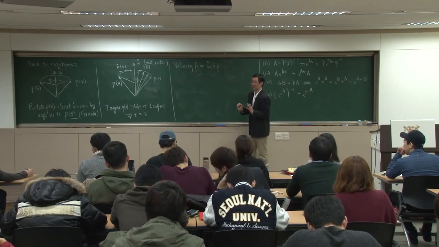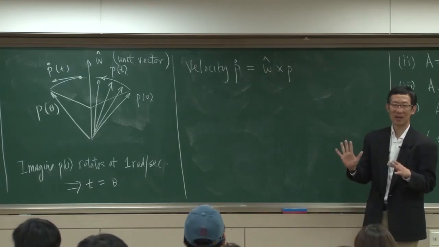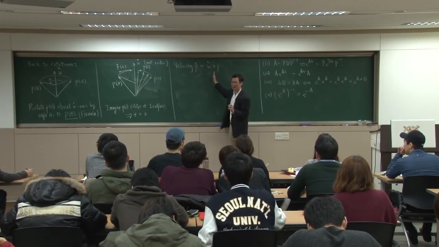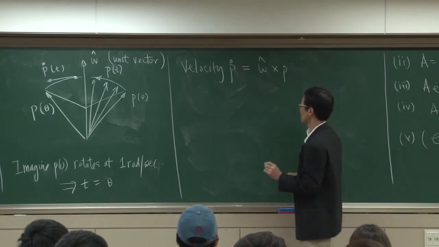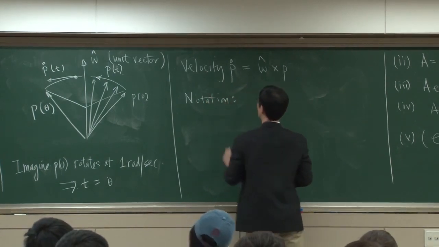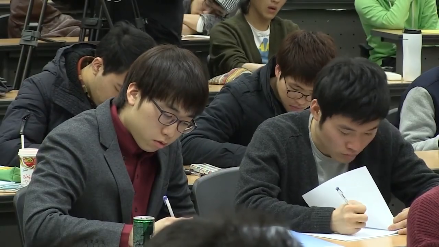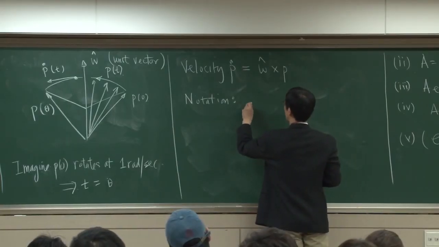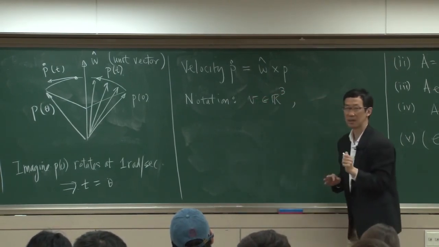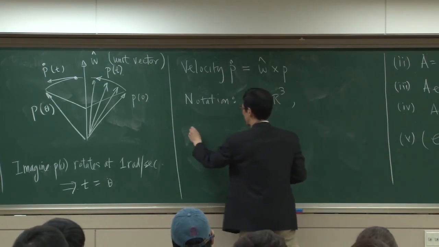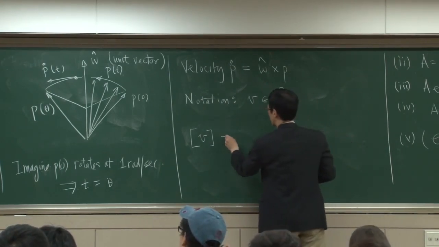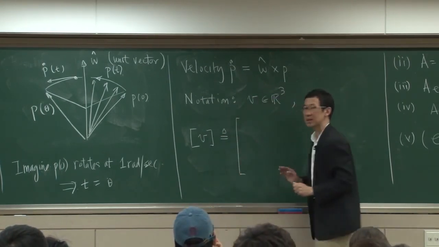Now we're going to do something that might seem a little crazy. We're going to write the cross product in a strange way. Let me introduce a bit of notation. If I have some three-dimensional vector v, I'm going to use v inside square brackets to denote this 3 by 3 matrix.